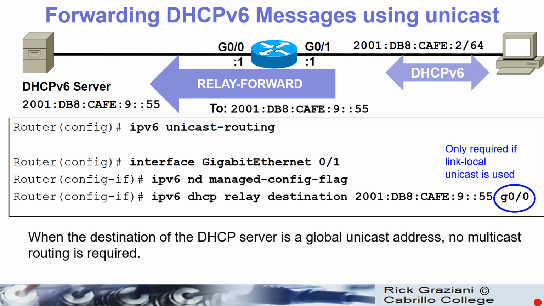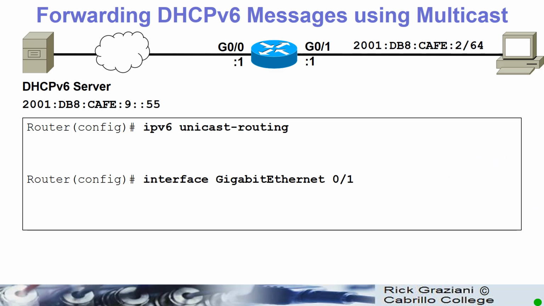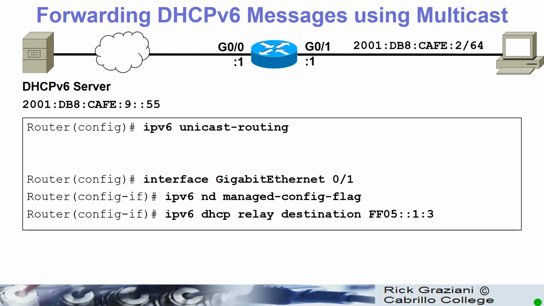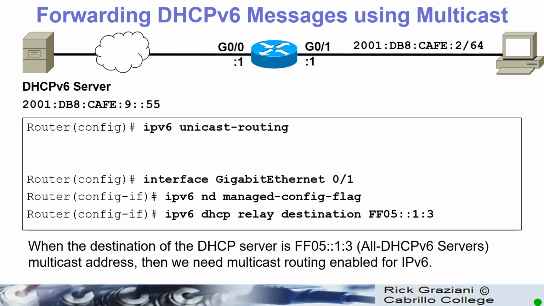DHCP will relay forward it to the appropriate DHCP server, and it should respond. If we're doing, again, managed configuration flag, if we are doing a DHCP relay destination, you'll notice here we don't have to do the appropriate exit interface.